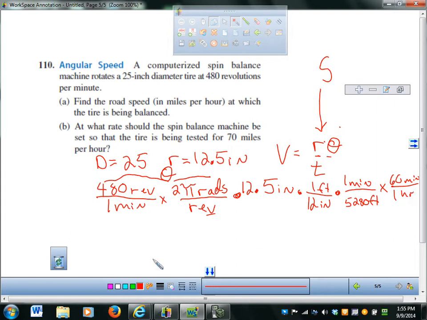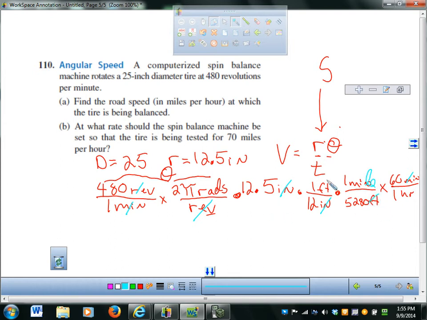Now all this stuff cancels out. Minutes go away with minutes. Revolutions go away with revolutions. Radians, you don't really need to cancel because radians don't really have units. That's just to indicate it. Inches cancel with inches. Oh, that should say mile. That's where I got confused.